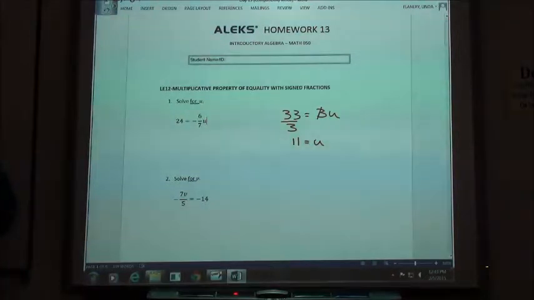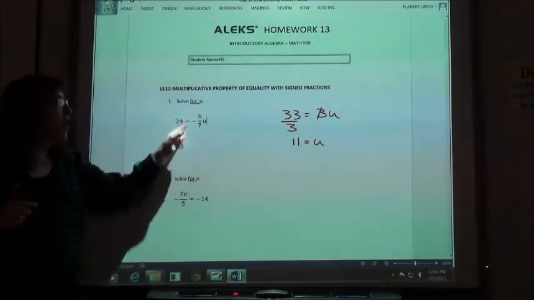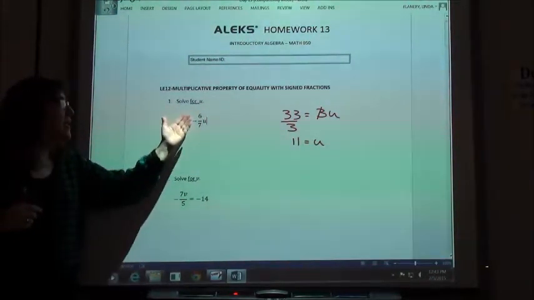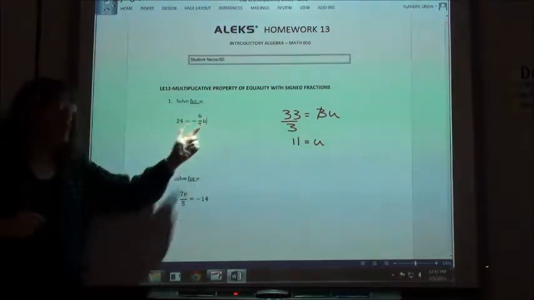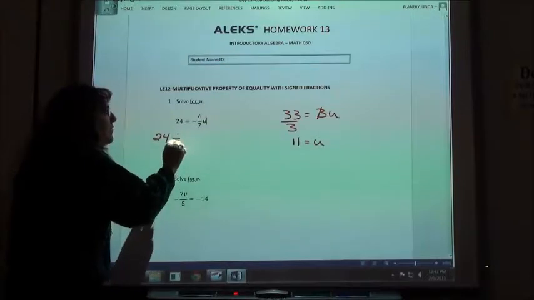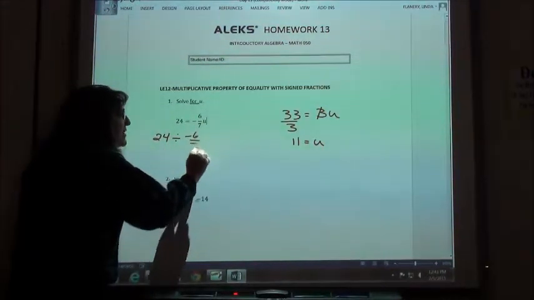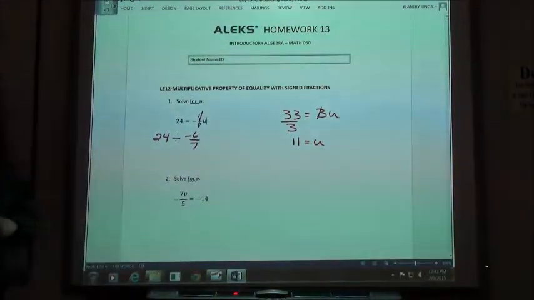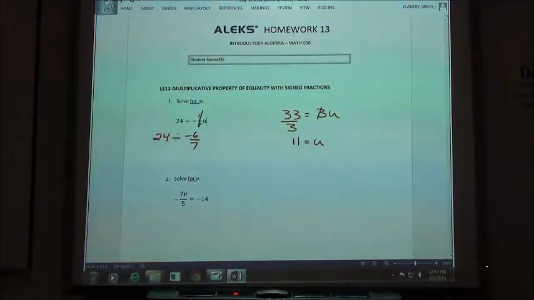It's the same thing. I have something right in front of my variable. This means negative 6/7 times u. To get rid of this, we're going to take 24 and divide it by that negative 6/7. So then this is what they did.